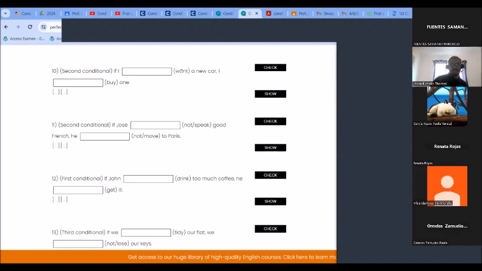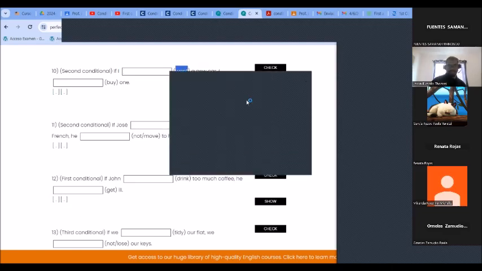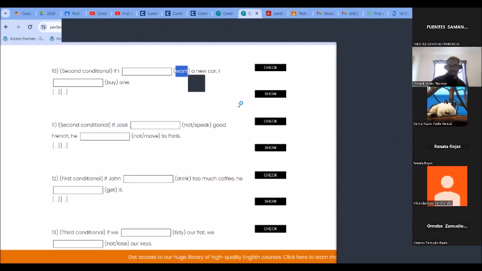What's the past simple of want? Wanted. Remember, you need to pronounce the ed ending differently. So if I wanted a new car, I would buy one. The past of will is would.